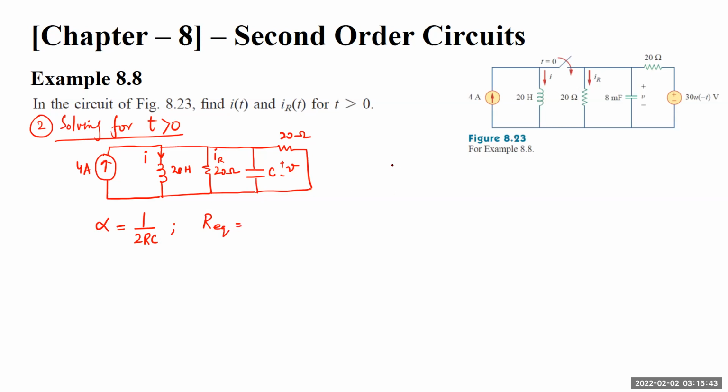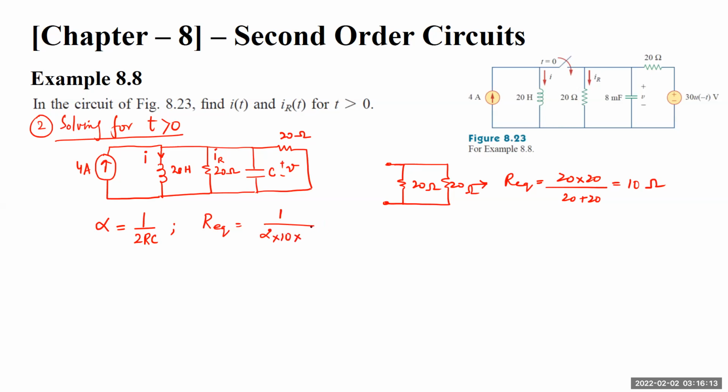So what is the R equivalent, or the total R for this circuit? The total resistance is basically 20 ohms in parallel with another 20 ohms. So the effective R equivalent is 20 multiplied by 20 divided by 20 plus 20, which equals 10 ohms. Basically, two 20 ohm resistances in parallel make the resistance half of what it actually is. The capacitance is 8 millifarad.